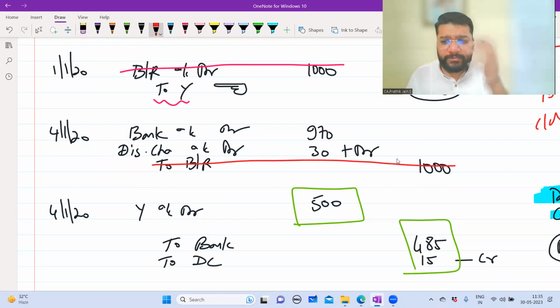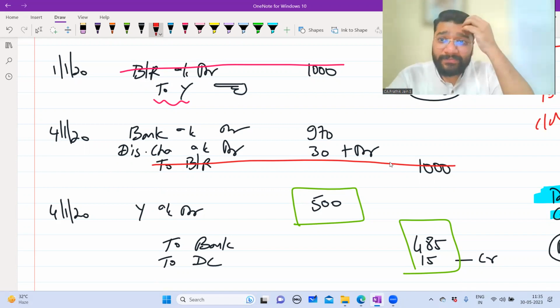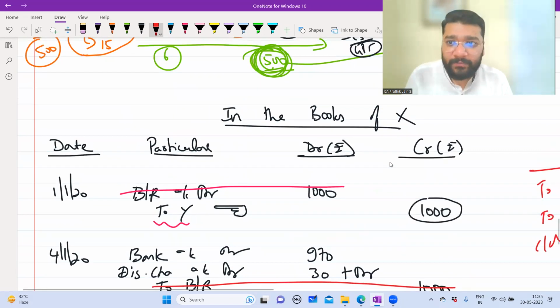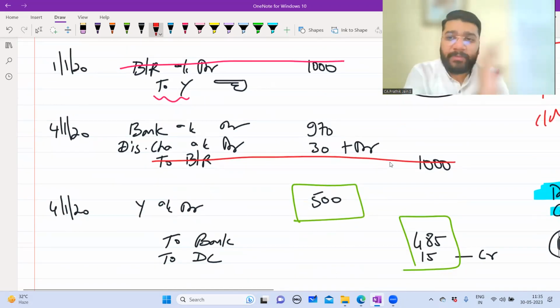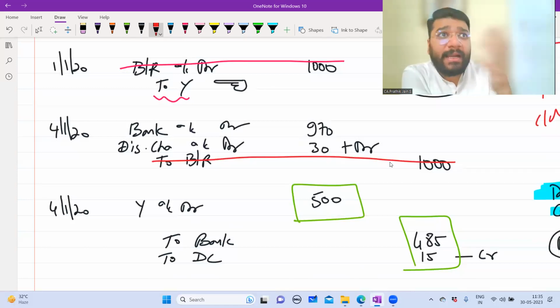Online people, no response. Sir, I have a doubt. Yes, boss. Sir, I thought the discounting charges in the credit would be income, but you said it's a decrease in expenses. Correct. Can you explain? How can a charge be income for you? Charge is income for the banker, boss. We are recording this journal entry in the books of X, no? For X, why will it be an income? Charge is the money that the banker has charged from you, boss.